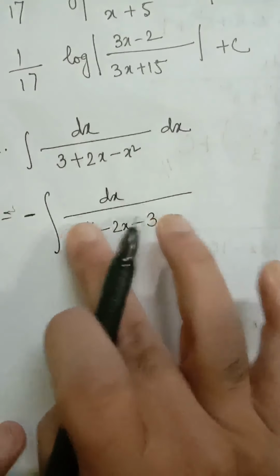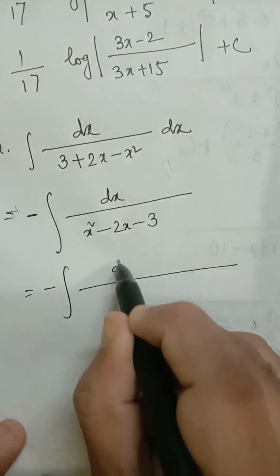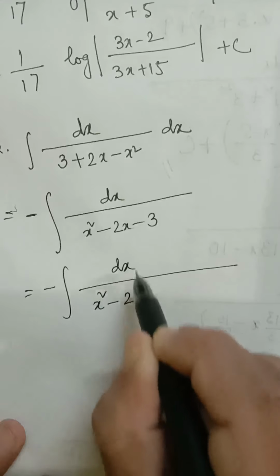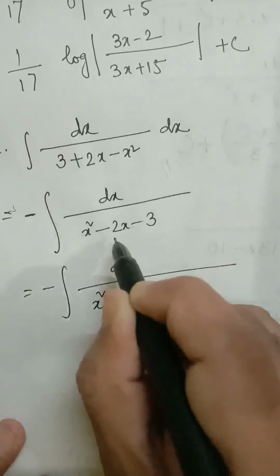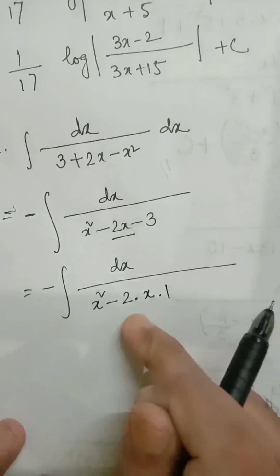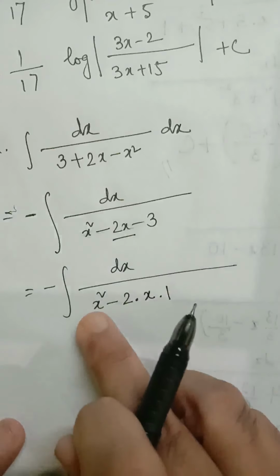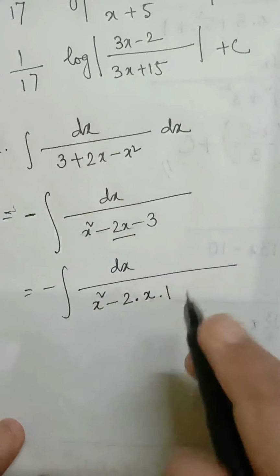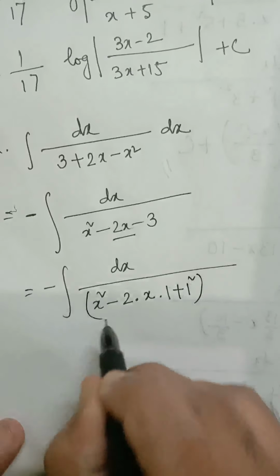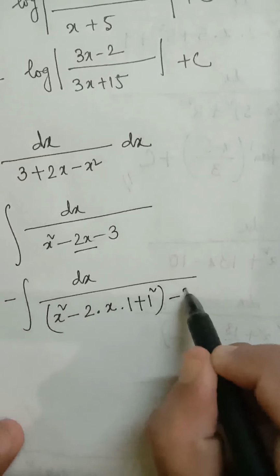Now we will express this in the form of a whole square. So dx by x square minus 2 into x into 1, because to get 2x we have to multiply 1 with this. 2 into x into 1 will be 2x. So this is of the form a square minus 2ab. If we add 1 square with that, it will be a perfect square: a square minus 2ab plus b square, minus 3.